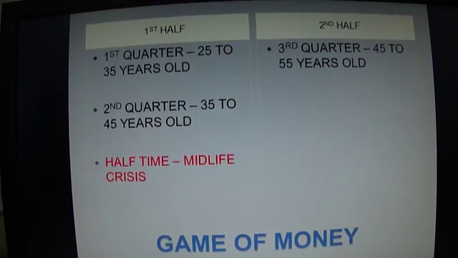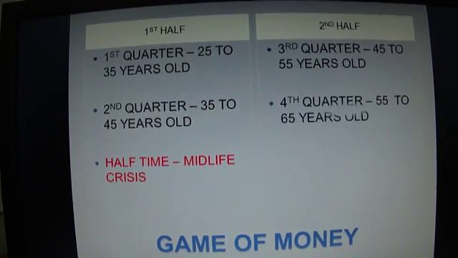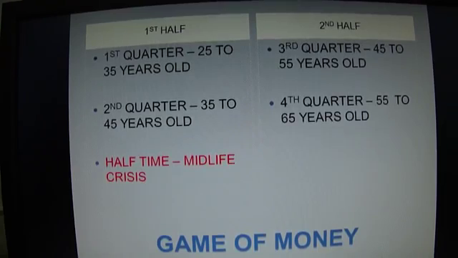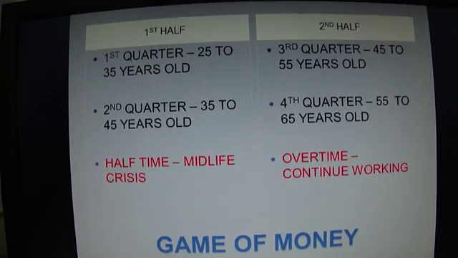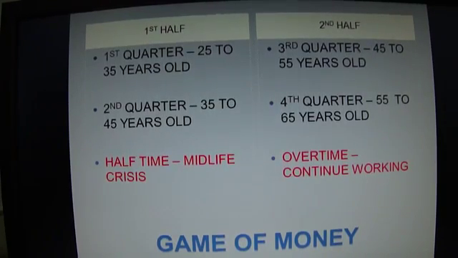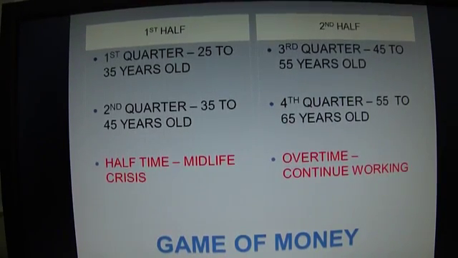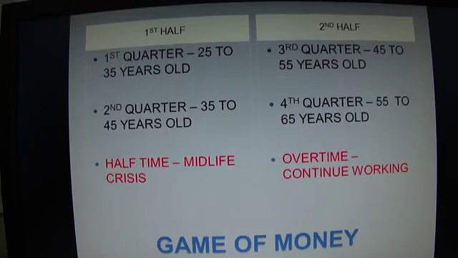You may have already built assets by this time, but liabilities are also enormous that you cannot retire yet. Fourth quarter, 55 to 65 years old. Then it will be overtime. And finally, you are out of time. The last resort, you oblige your kids to support your lifestyle. This is the traditional culture. It is about time to build as many assets as we can in order to maintain our lifestyle when we retire, and not be an extra burden for our kids.